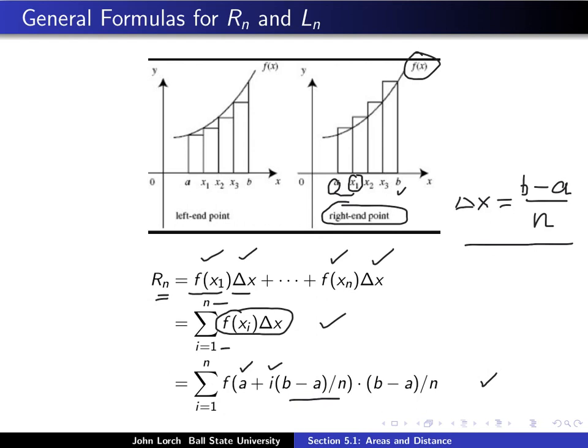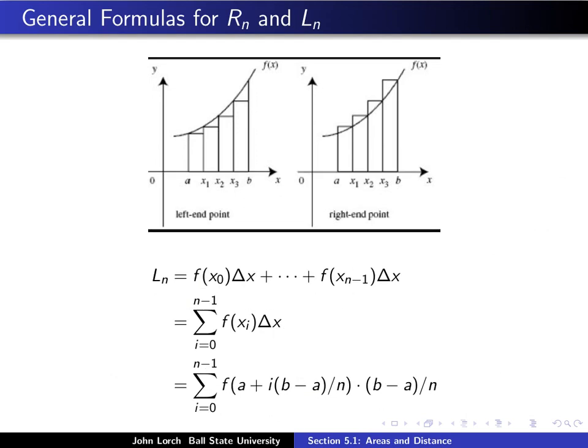Okay, now what about this b minus a over n at the end? Well, remember, that's just delta x. So in this last equation, you can think about this whole notation as being an expanded version of f of x sub i times delta x.